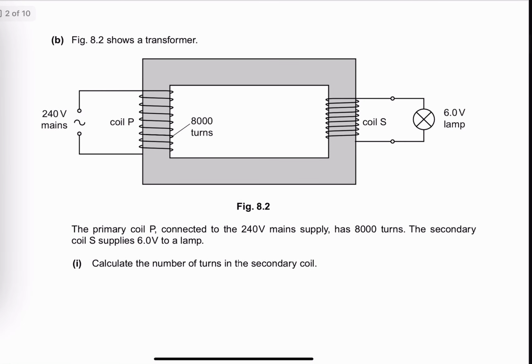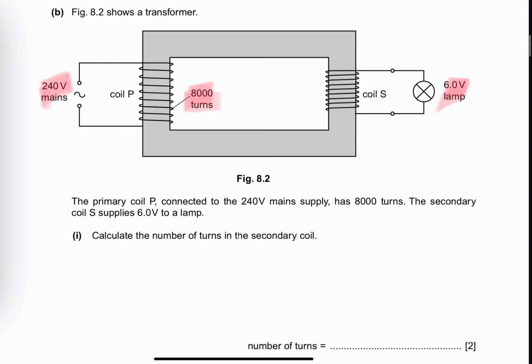In the next question, there is a transformer. We have the voltage of the primary coil, the number of turns, and the voltage of the secondary coil. We have to find the number of turns in the secondary coil. So we use the transformer equation: Ns over Np is equal to Vs over Vp. Taking Vp to the right side, we have to find Ns.